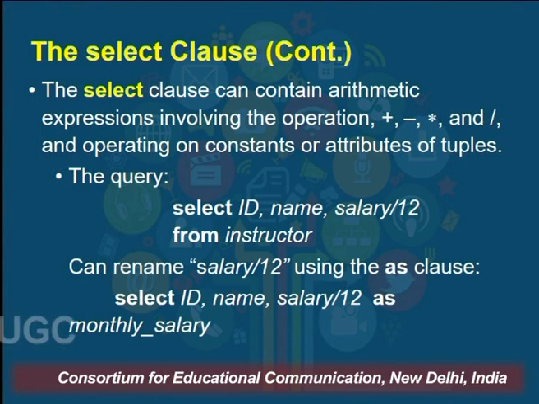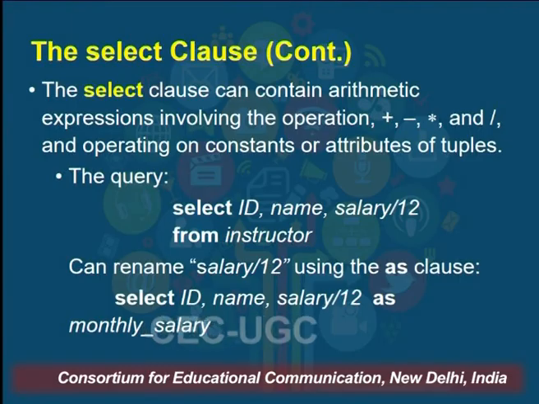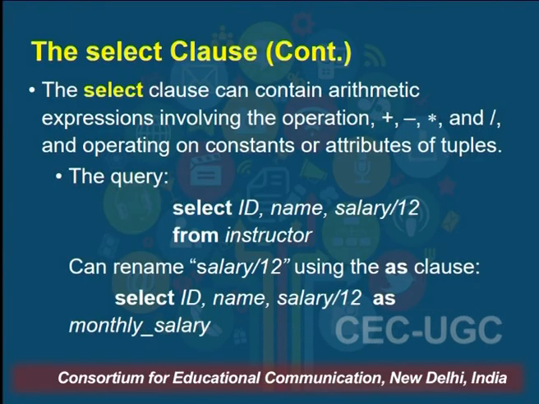For example, assuming the salary quoted in the table is the annual salary, and I want the monthly salary, so that has to be divided by 12. So we write select ID, name, salary divided by 12 from instructor. In the result you are going to have the values inside the tuples, and the names of the attributes will be ID, name, and salary divided by 12. It is not going to be salary, it will be displayed as salary divided by 12.